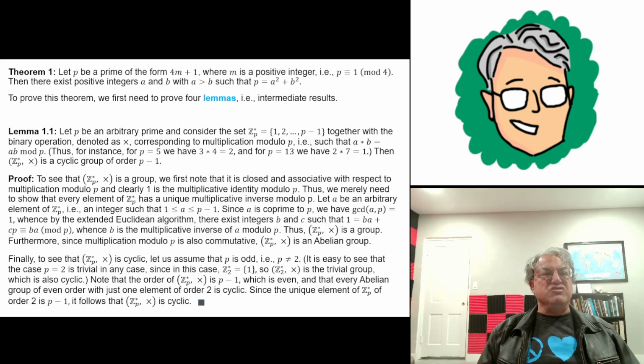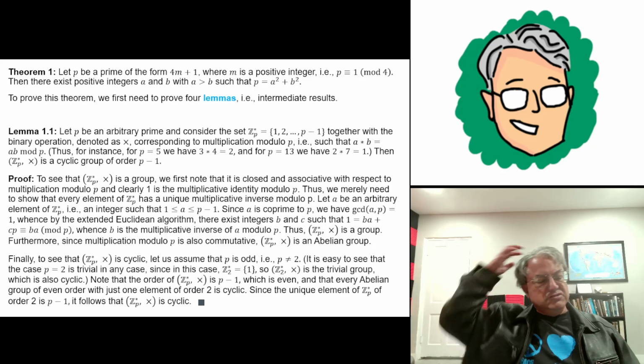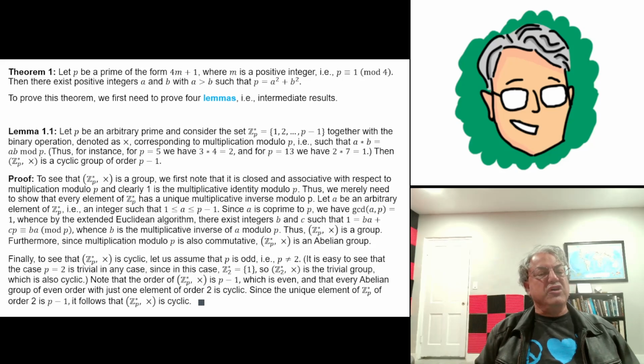P minus 1 is congruent to minus 1 modulo P, and we all know that negative 1 squared is 1. So it's pretty easy to see that P minus 1 is the unique element of this group that has order 2, because there's no other number you square to get 1 modulo P. Anyway, that completes the proof.